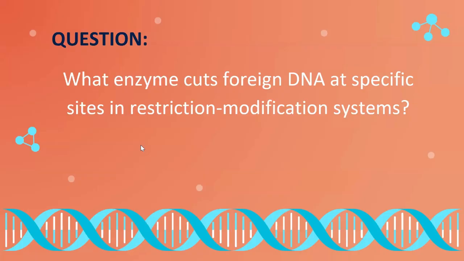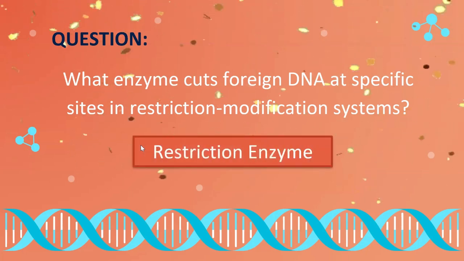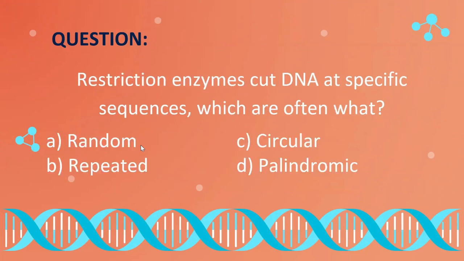Okay, so question. What enzyme cuts a foreign DNA at specific sites in the restriction modification system? Ito po yung ginamit natin na pag-cut, isang enzyme na ginamit natin na pag-cut for our plasmids and at the same time sa pag-cut dun sa human gene. We call that our restriction enzyme. Very good.